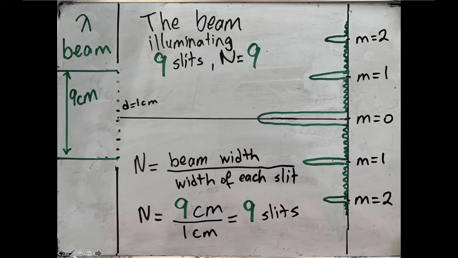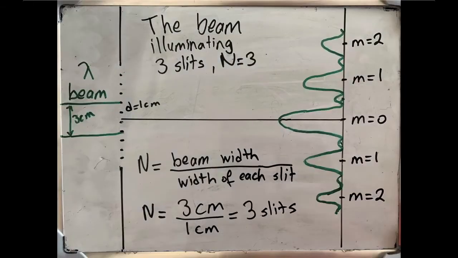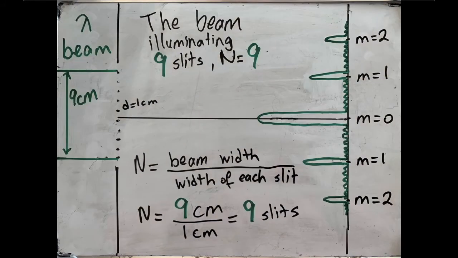So behaving as 9 multiple slits rather than 3, we see the behavior that we saw earlier when we discussed multiple slits. The fringes stayed at the same locations, but they got narrower and sharper. Let's go back to the previous screen and compare with the next one.